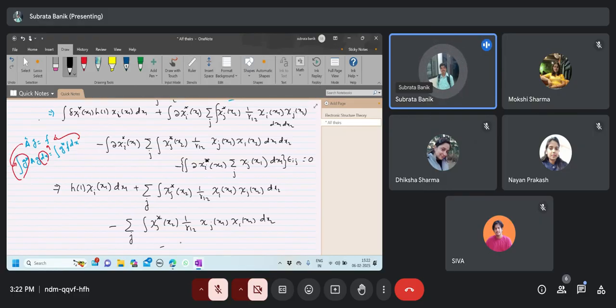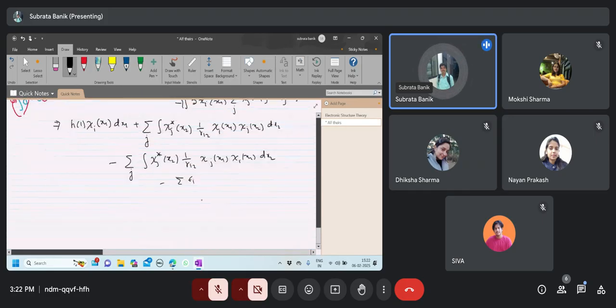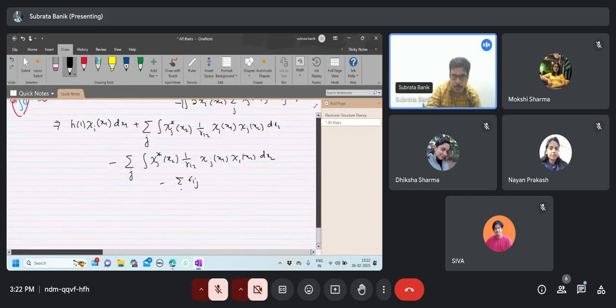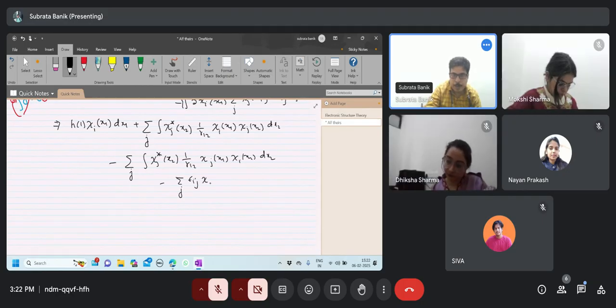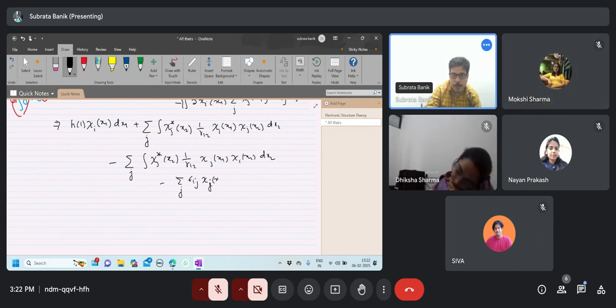This has gone. I get sum over, I write this first, epsilon of ij sum over j chi j of x1 equal to 0.